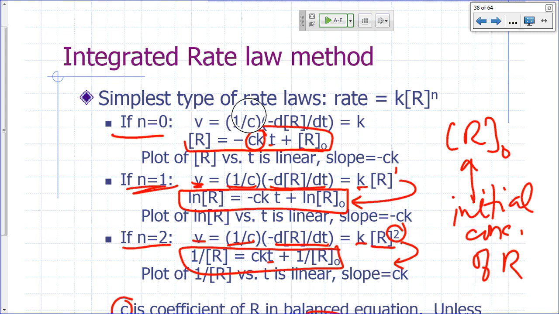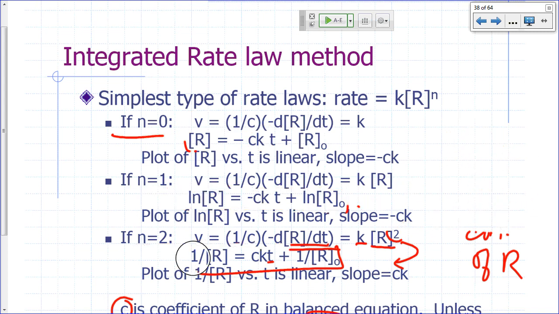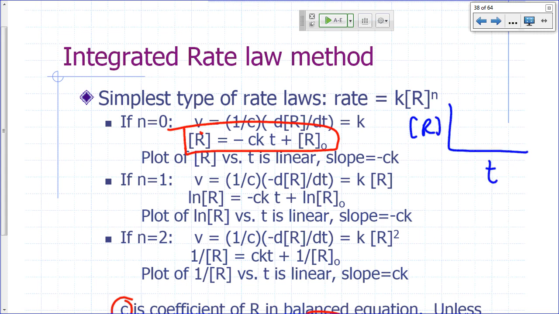Let's go back to this expression for zero order. If I were to plot r versus time, I'm putting r on my y-axis, and I can put t on my x-axis.